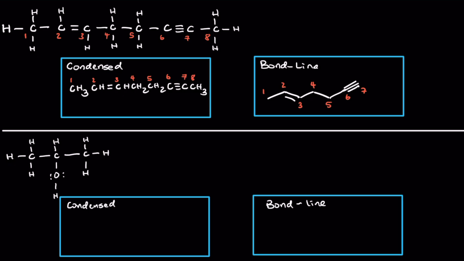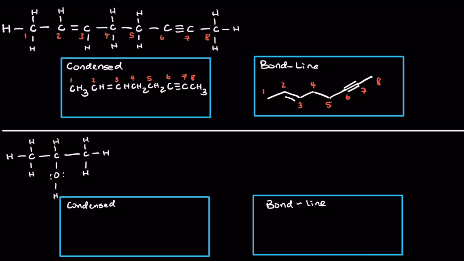So we're going to just keep on drawing the line in the upward diagonal direction to finish off with carbon 8. Okay, so notice here once again that everything is zigzag except for 6 and 7 because of those sp hybridized carbons on that particular position.